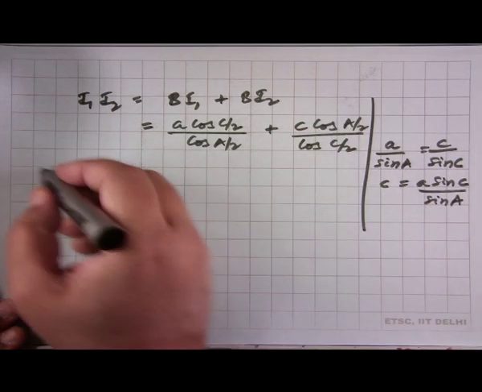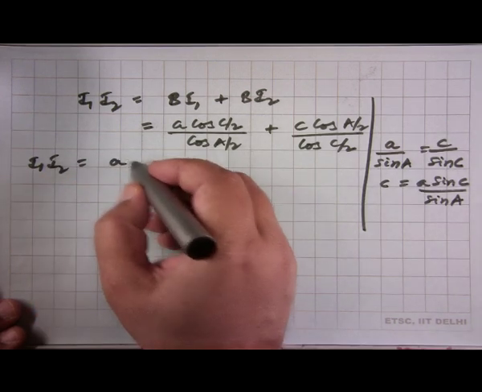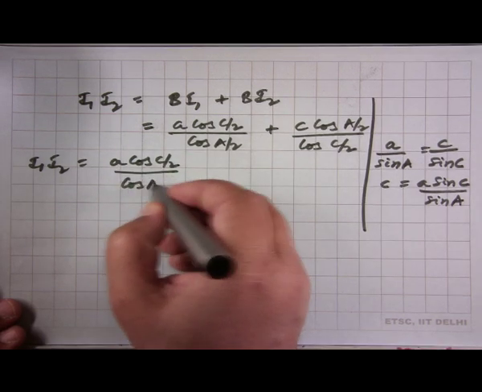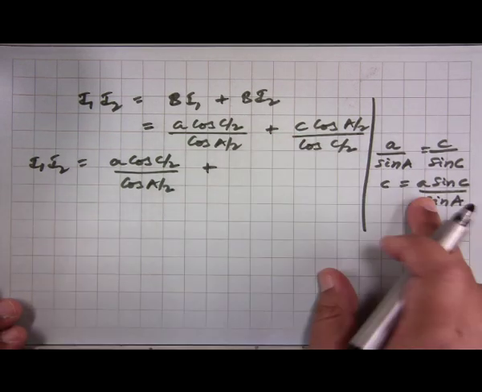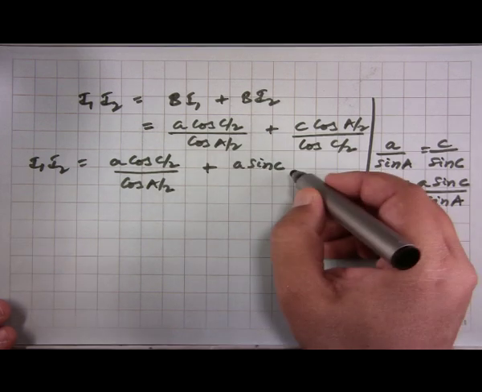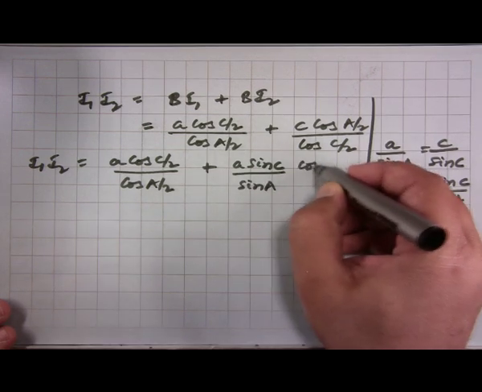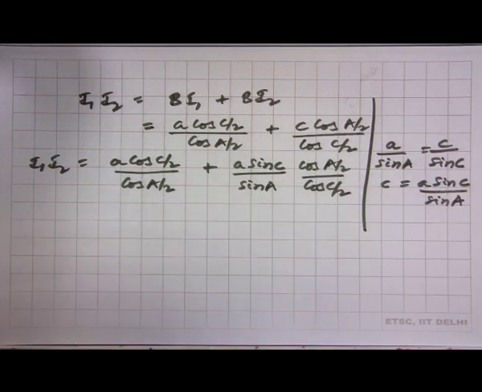So, we end up getting that I1I2 is equal to a cos(C/2) over cos(A/2) plus, so instead of c we use a sin C over sin A, times cos(A/2) by cos(C/2).